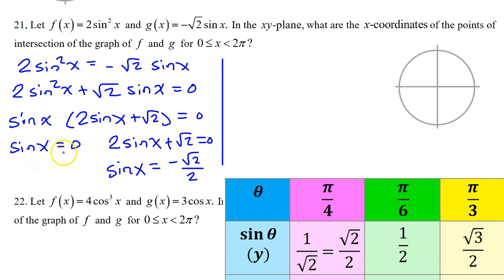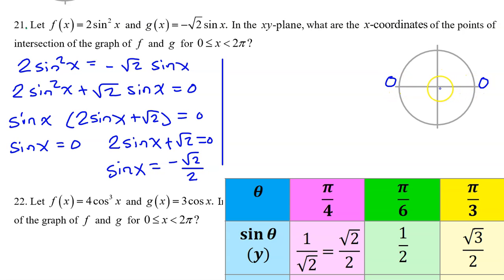The solution to sine x equals 0 is going to be a quadrantal angle falling right on the x or y axis. So where does the sine equal 0? Sine is the y value on the unit circle, and y values are equal to 0 right here at the beginning, which is at 0 radians, and also again over here on the left.